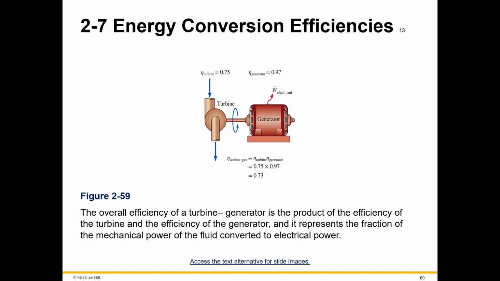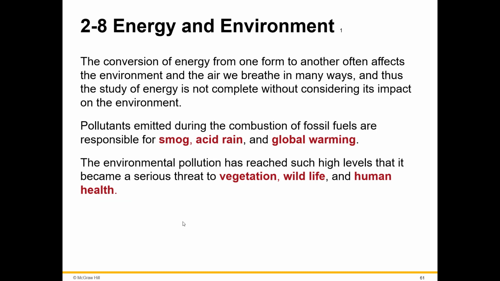And then over here, the overall efficiency of a turbine generator is the product of the efficiency of the turbine and the efficiency of the generator, and it represents the fraction of mechanical power of the fluid converted to the electrical power. And you see that little formula down here. That was a really wordy way of showing that, but we will also be working these.